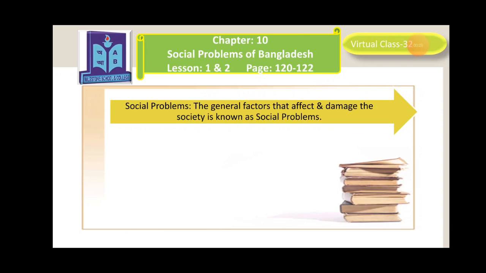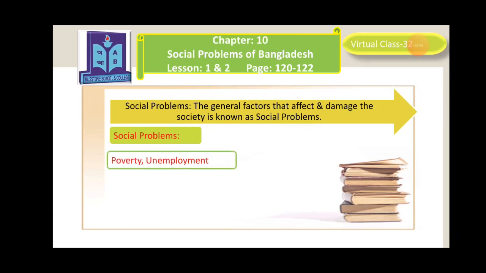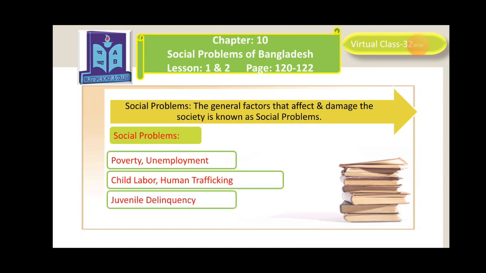So I think you can understand social problems through this definition. The social problems are poverty, unemployment, child labor, human trafficking, juvenile delinquency, drug addiction, antisocial behavior.